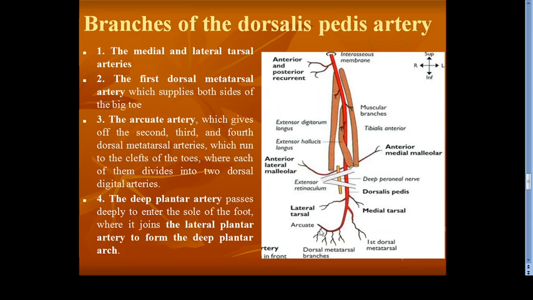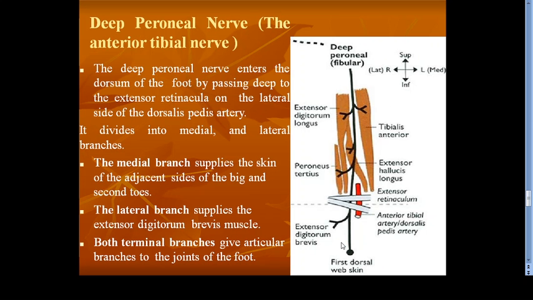Then there is an arcuate artery which gives off the second, third and fourth dorsal metatarsal arteries, which enter into the cleft of each toe and divide into two dorsal digital arteries, right? Lastly, the deep plantar artery passes deep to enter the sole of the foot and joins the lateral plantar artery, forming a deep plantar arch. So these are the branches of your dorsalis pedis artery.